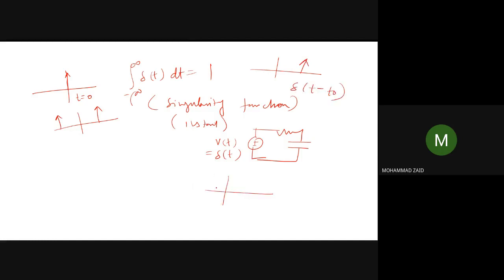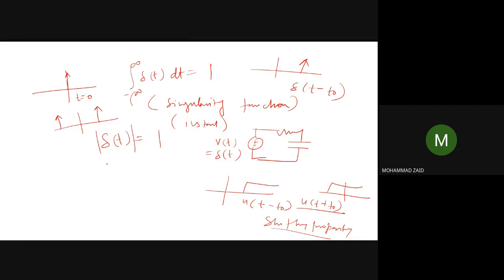Similarly, if you shift the step function, it will become u(t minus t naught), and if you shift it backwards, it will become u(t plus t naught). That is the shifting property that we can use. You must have studied it in your signals course. Similarly, we can scale also. For example, if this is delta(t), its magnitude by default is 1.